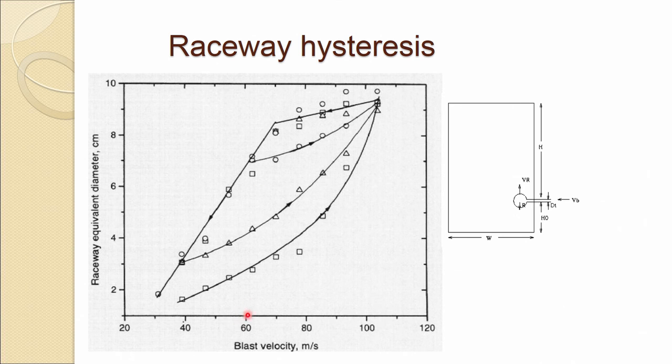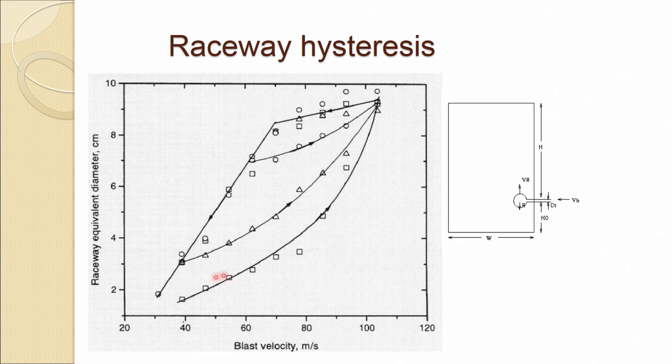So, if you take a typical velocity, let us say 50 meter per second, what do you get? You are getting about 2 centimeter raceway when you are increasing the velocity, and it also crosses this, which is about 5 centimeter plus. So really what you are getting is 2 raceway sizes at one velocity, one in the decreasing case and one in the increasing case.